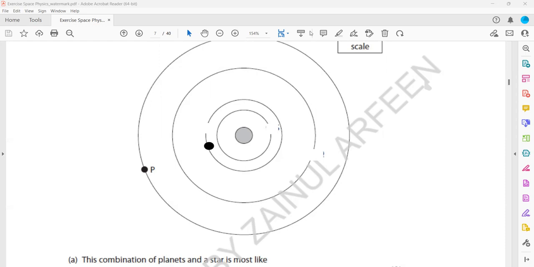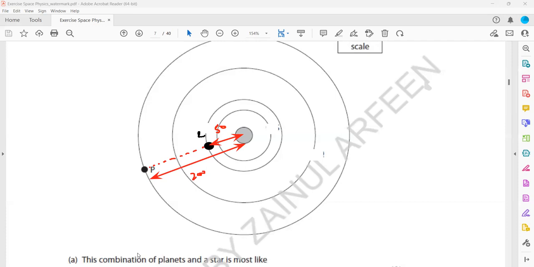The distance of R from this star is 50, and the distance of P from the star is 200. So how much is the distance between P and R?